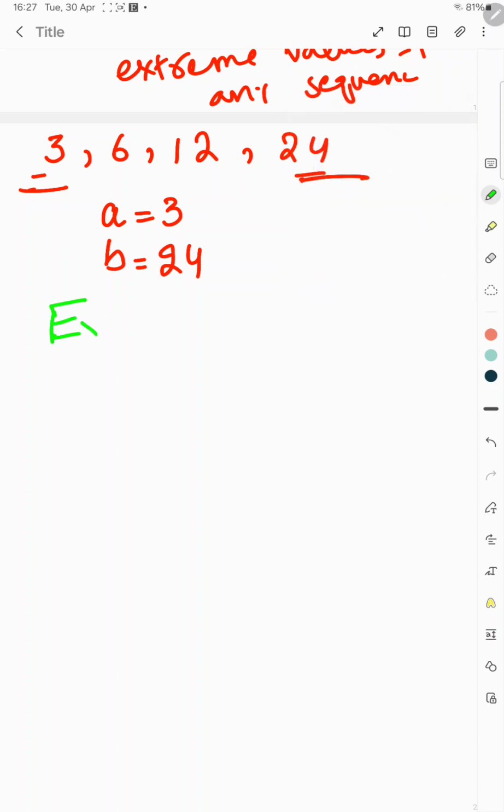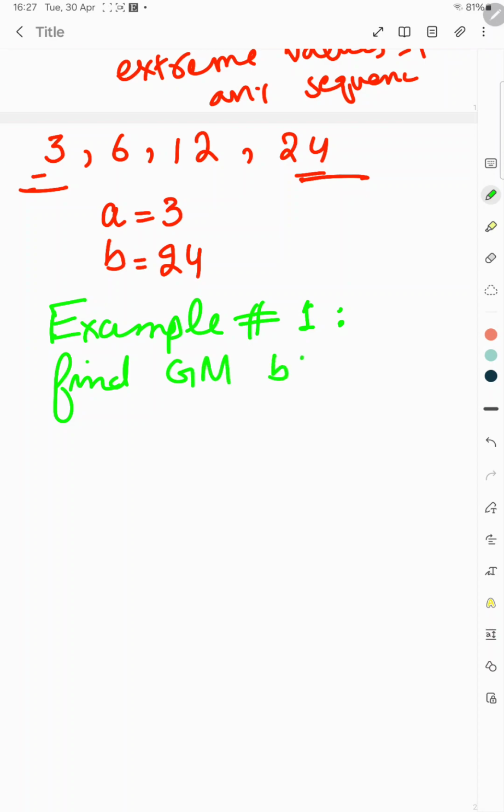So example number 1 is: find geometric mean between 3 and 24. So student, in this question it is given that find geometric mean.